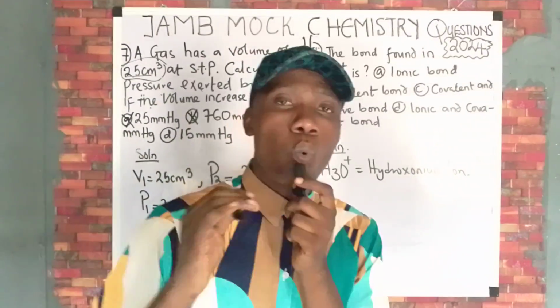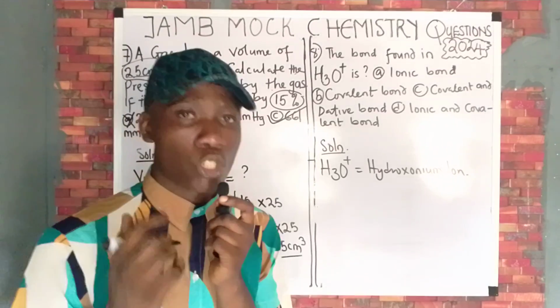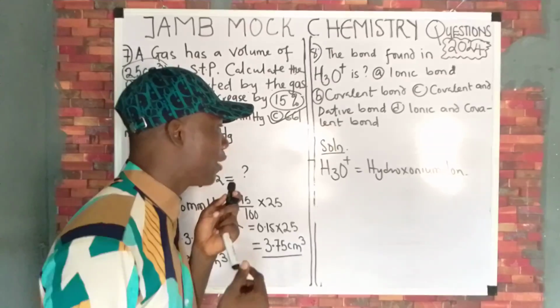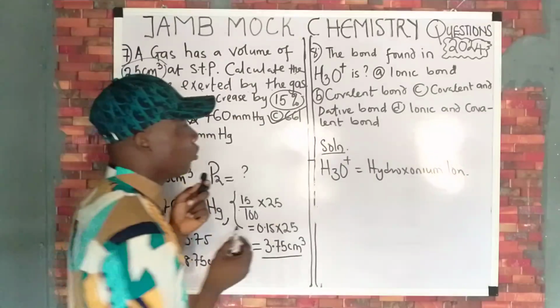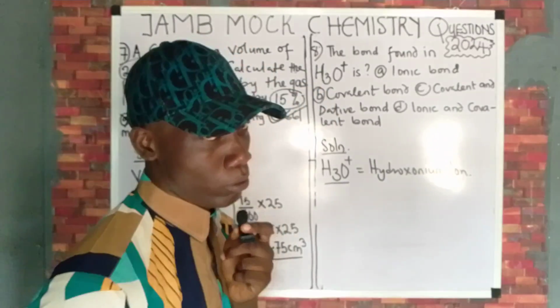It is formed when an acid dissolves in water. Don't forget, an acid is a substance which produces hydrogen ion or hydronium ion as the only positive ion in aqueous solution. So the bond found here is a combination of two important bonds.